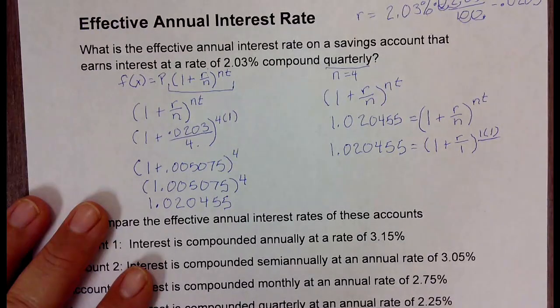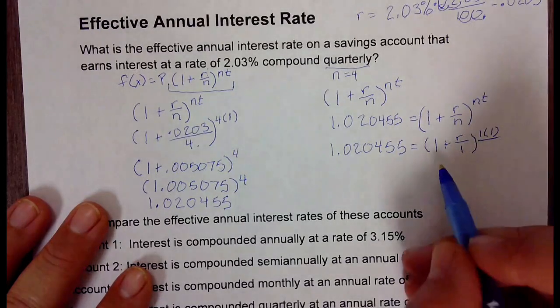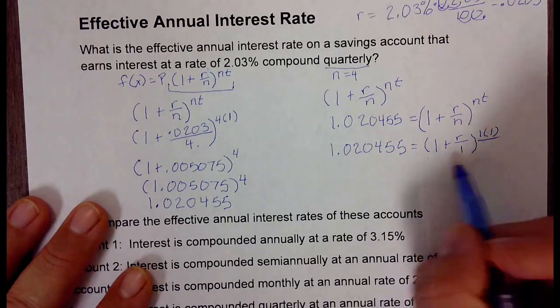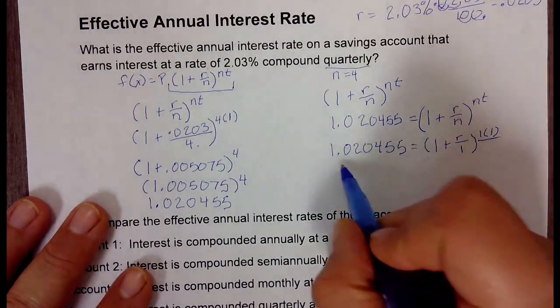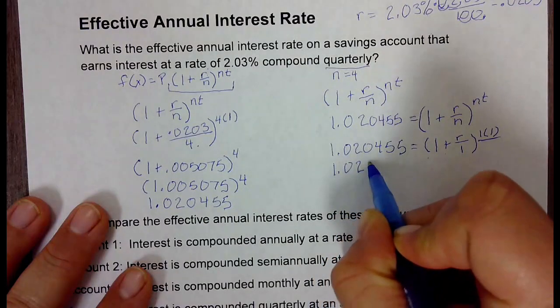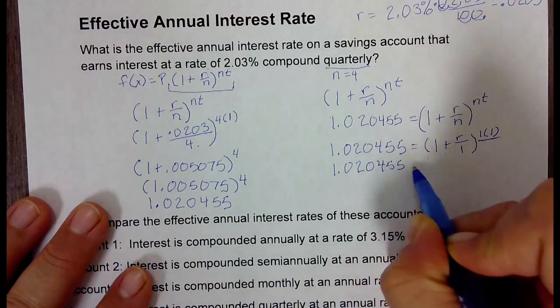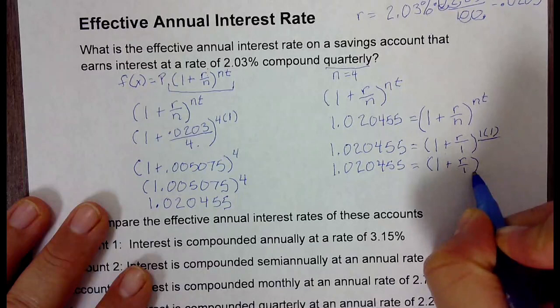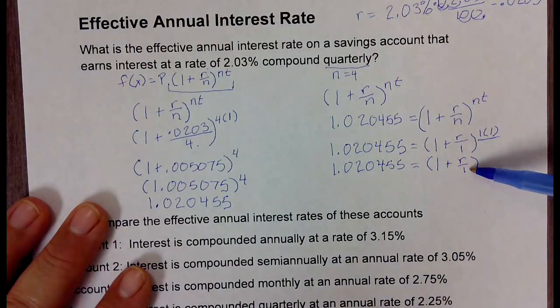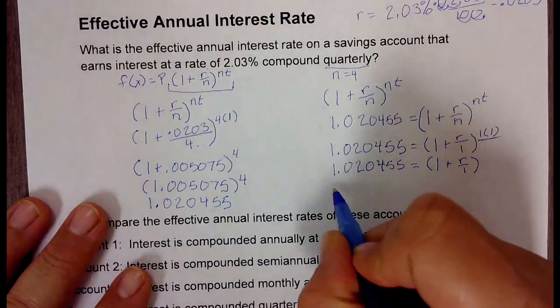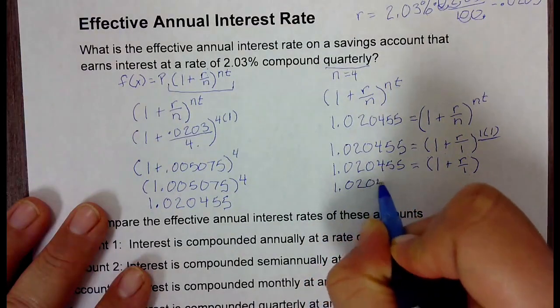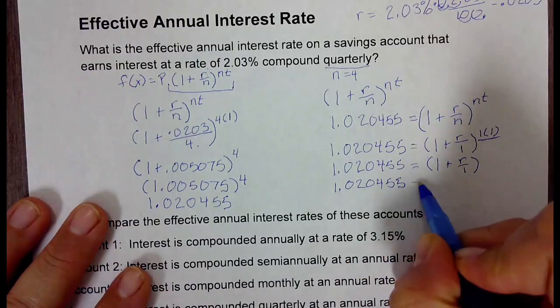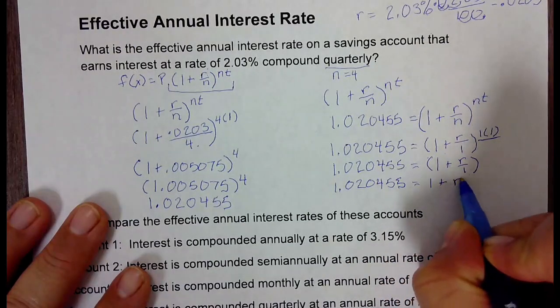And anything to the power of 1 is going to be itself. So 1 plus r over 1 is going to be 1 plus r over 1. I also know anything divided by 1 is going to be itself still. So r divided by 1 is going to be r. So 1.020455 is going to be 1 plus r.